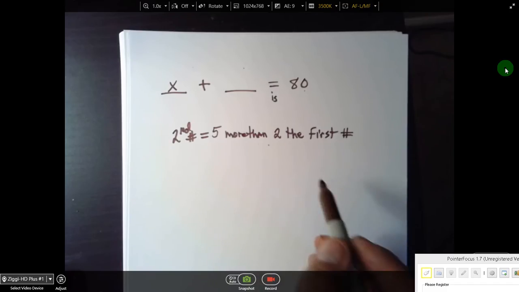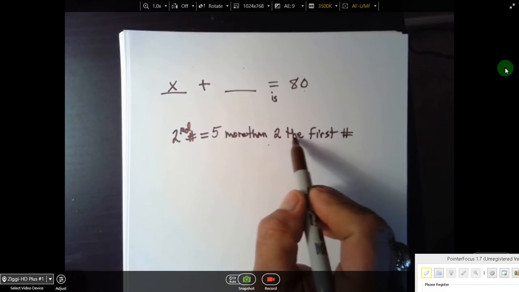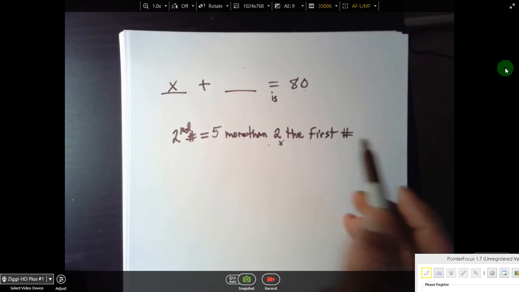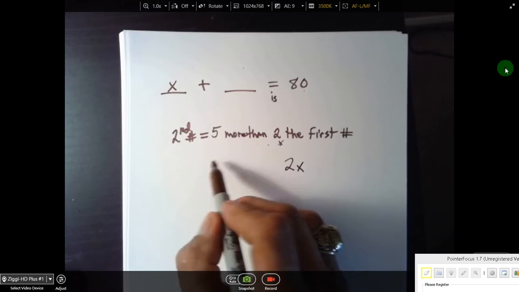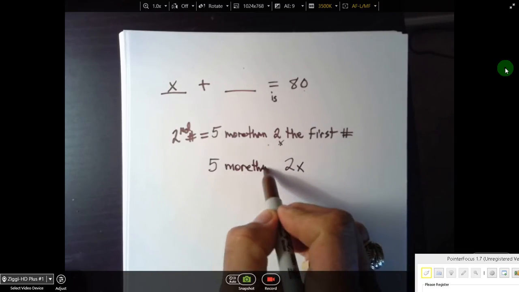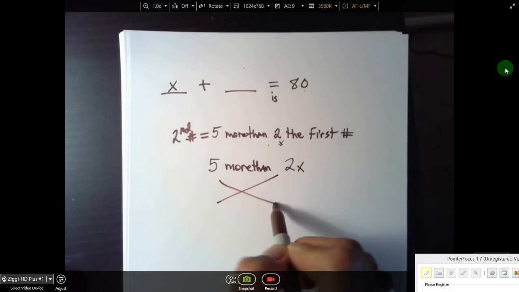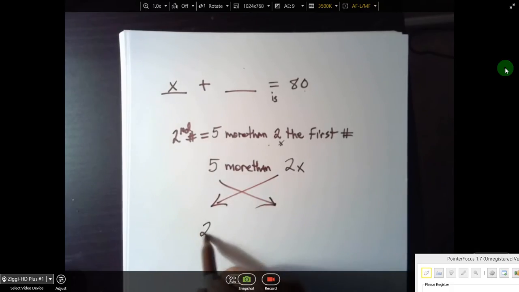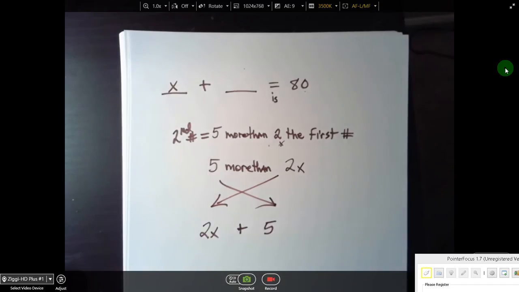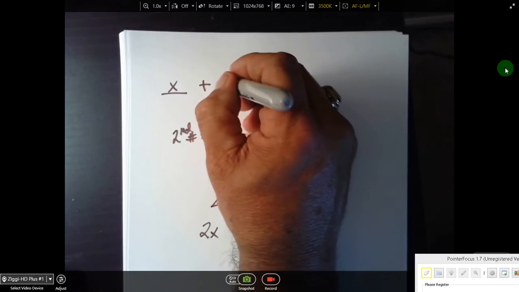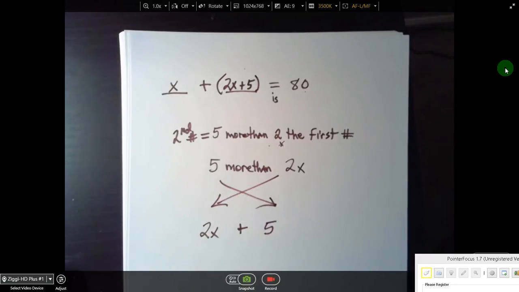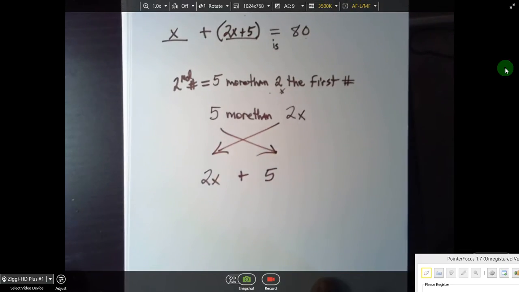So now let's do this. What's 2 times the first number? That's 2x. And 5 more than, remember what I told you about more than and less than, crisscross. So that would be 2x plus 5. Now you've got what you need to solve.